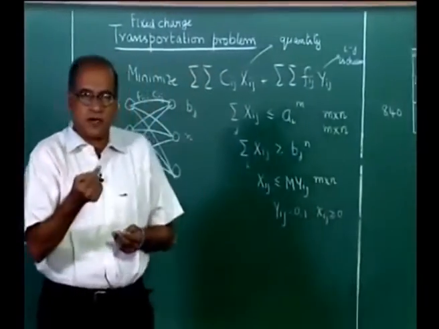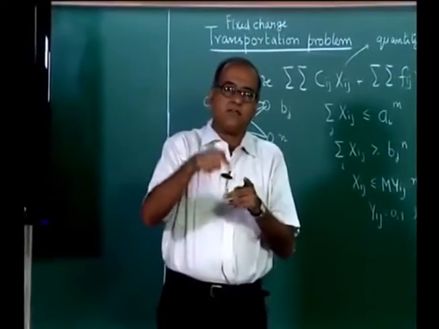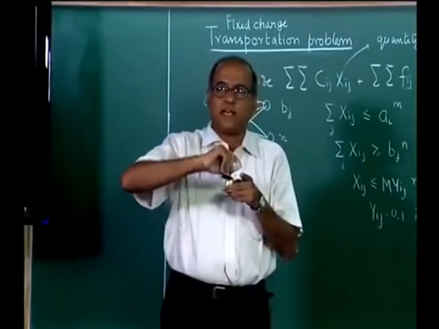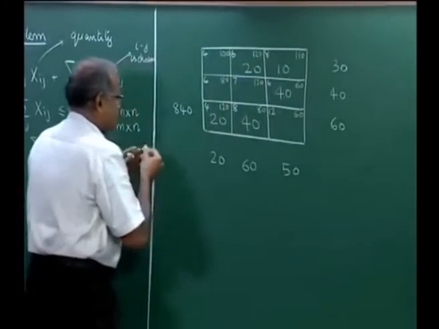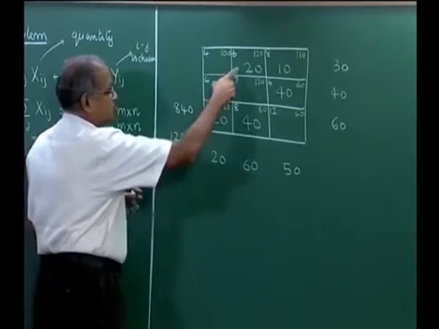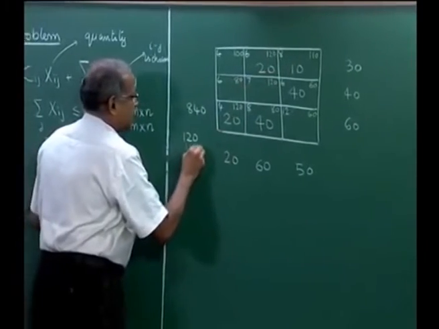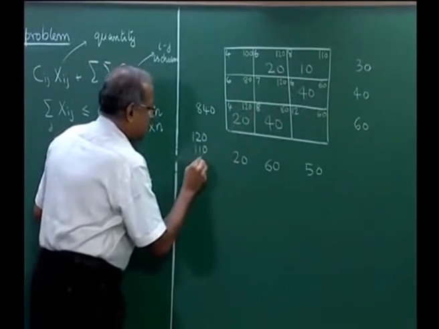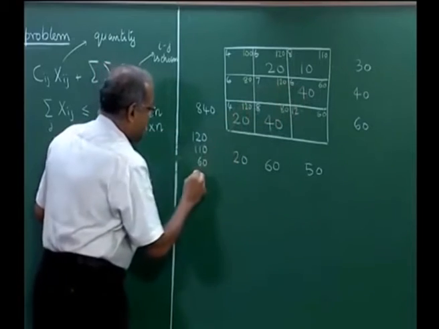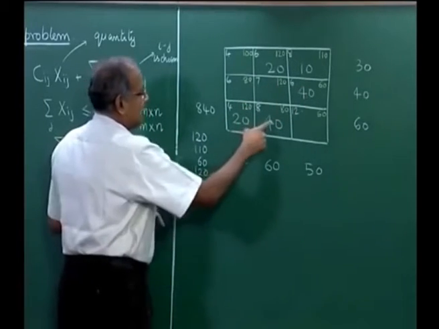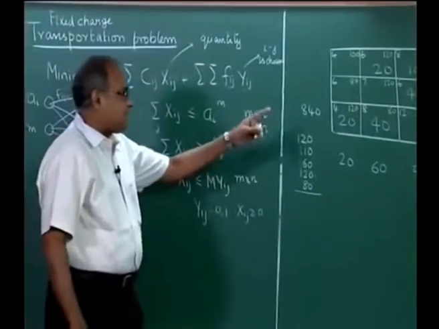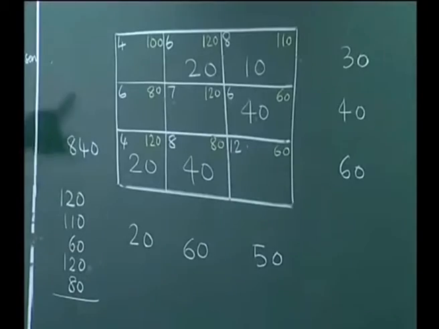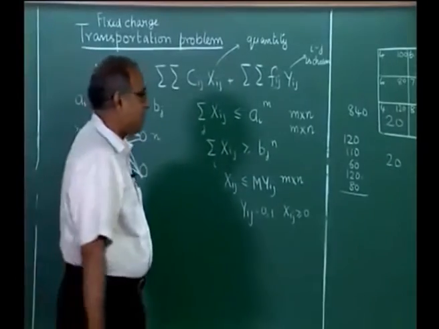Now, if we have to look at this solution and implement the fixed cost associated with the transportation, then we would be incurring a 120 here because we have used this, we will incur 110 here because we have used this, we would incur a 60, we have used this, we would incur another 120 and we would incur another 80. We have already seen that as a transportation problem there will be 5 allocations here because the problem is balanced and non-degenerate.